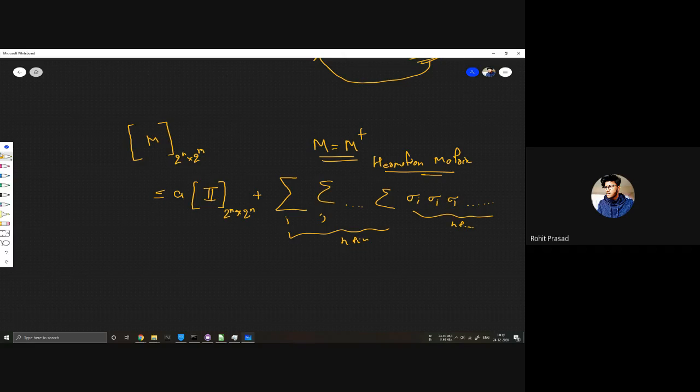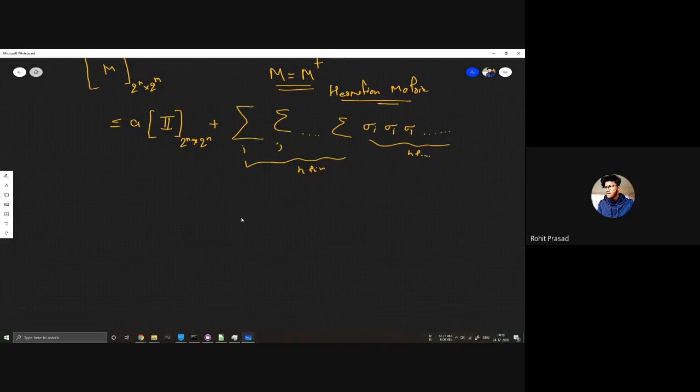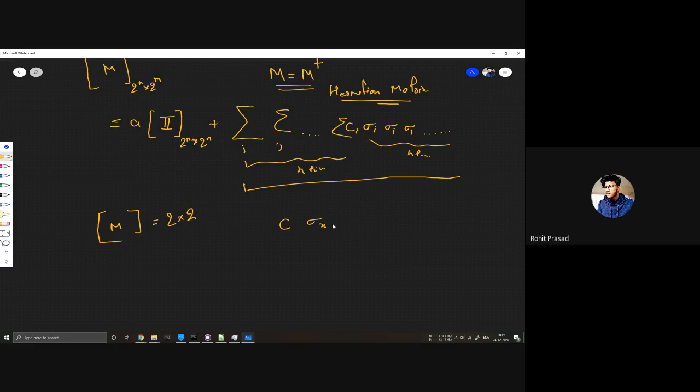So if we do this in just 2 cross 2, M is, let's say, a 2 cross 2 matrix. Okay, so what does this say? That all the possible combinations of sigma x, sigma y, sigma z, with constants C1, C2, all the possible combinations till n will be considered.